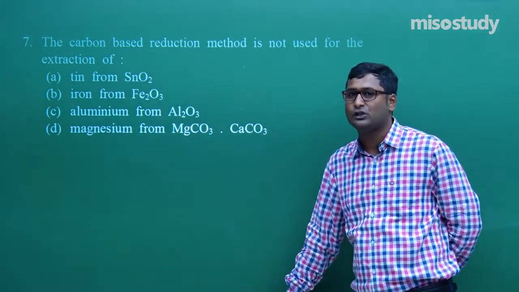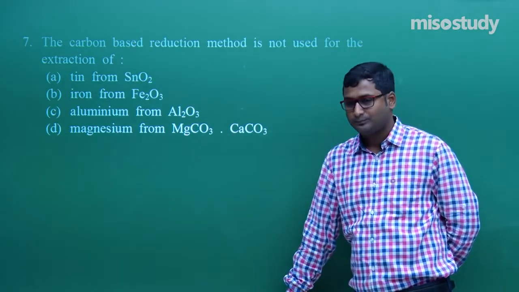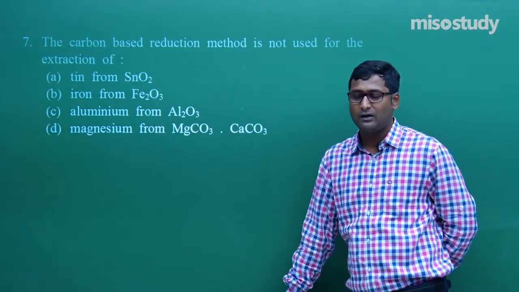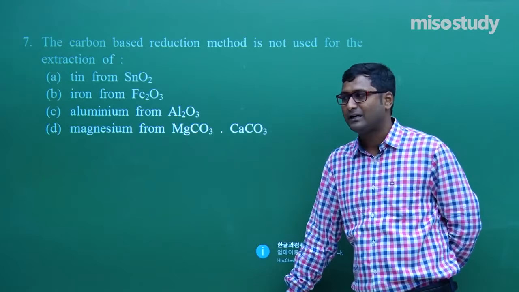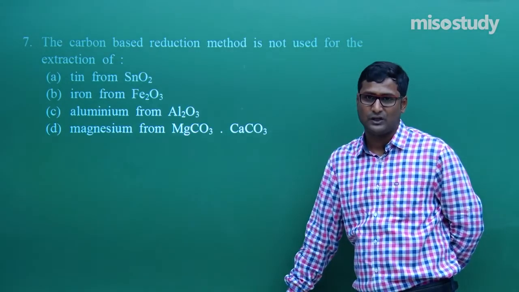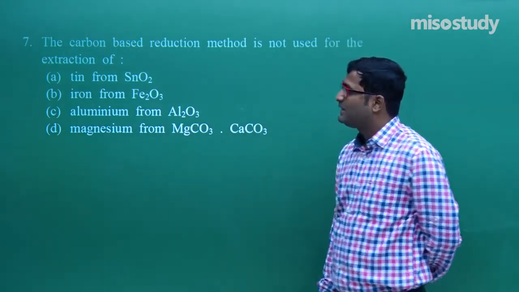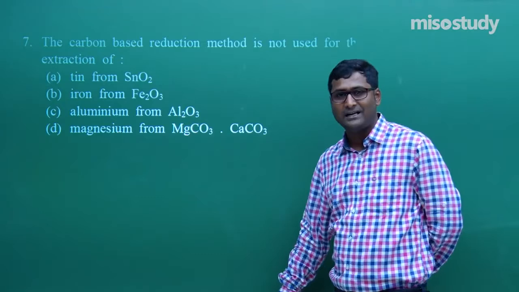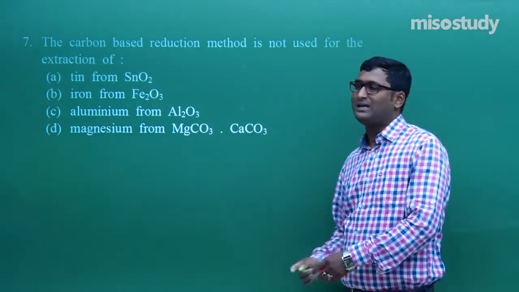It is one of the most important topics in metallurgy. If you have command over the Ellingham diagram, you can easily solve such questions in competitive examinations, whether JEE Mains or JEE Advanced. Clear, friend? This is a multiple choice question. For this question, C and D are the correct options. Now let's move to the next section.